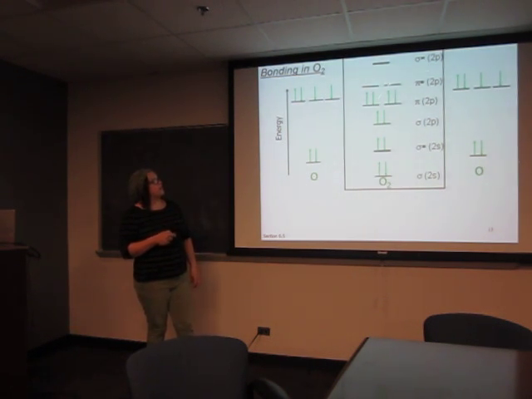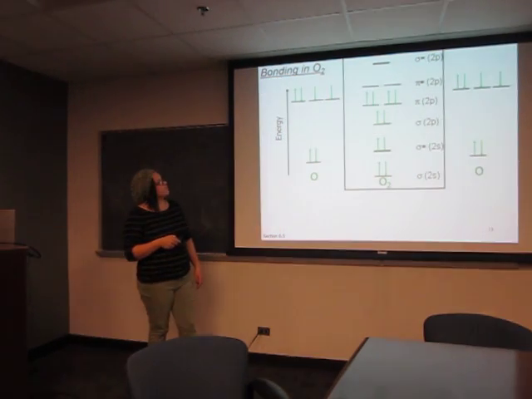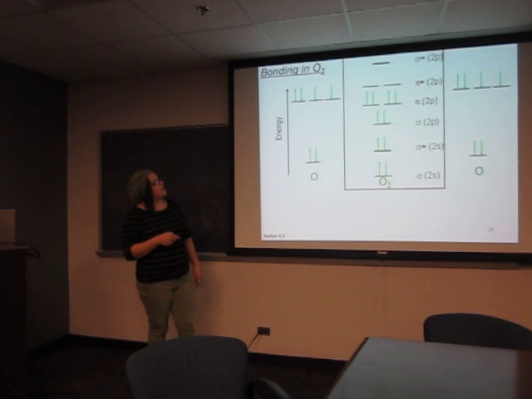So these rules are going to follow just like our atomic orbital rules did for electrons. Then our last two electrons are going to go 11 and 12, and we're going to leave those unpaired because that's a lower energy system. So for our O2 molecule, you can see that we would have 2 unpaired electrons.